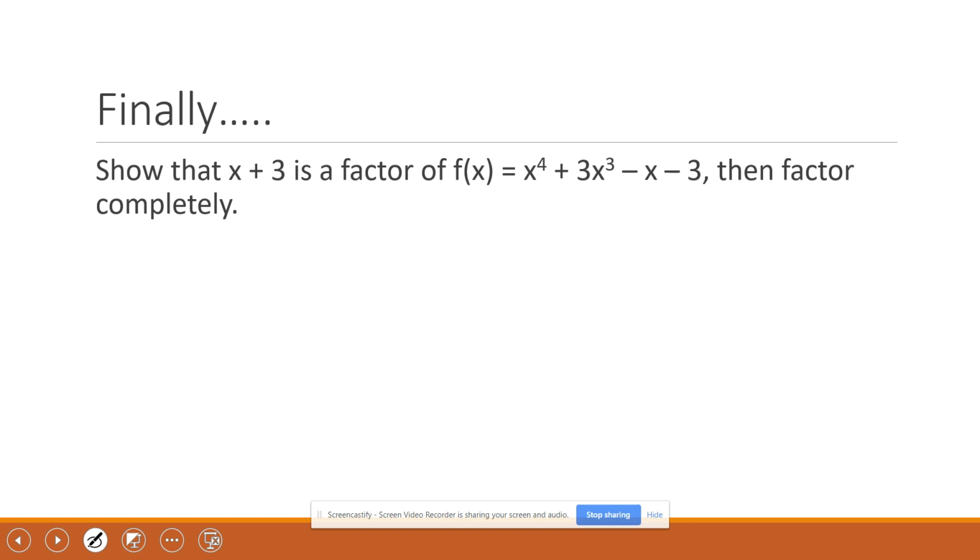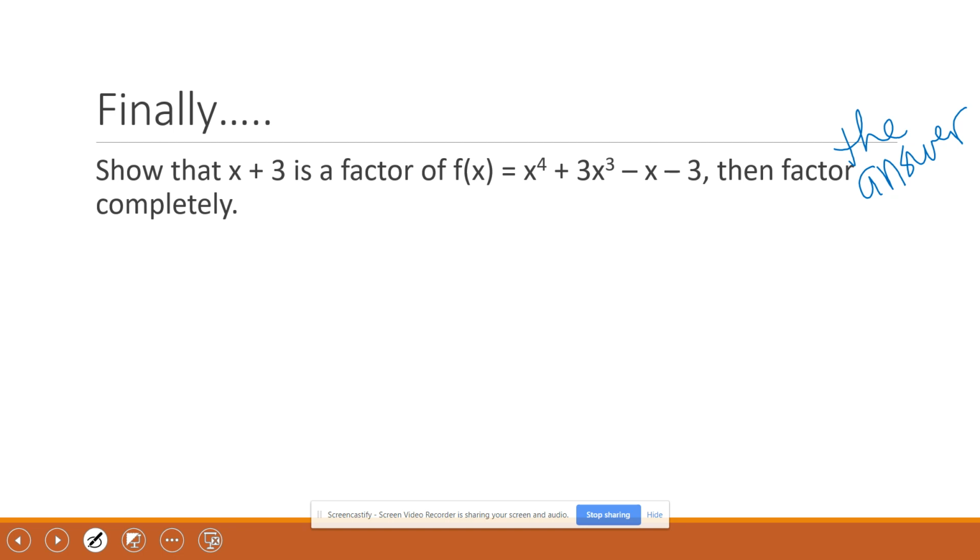So to bring all this together, working on one step closer to our end game of graphing these polynomials, we want to show or check: is x plus a number a factor of this polynomial? If it is, then we factor the answer completely.